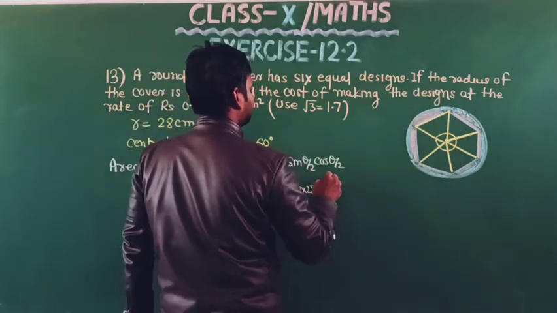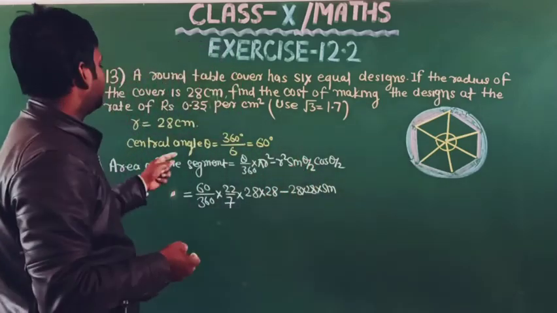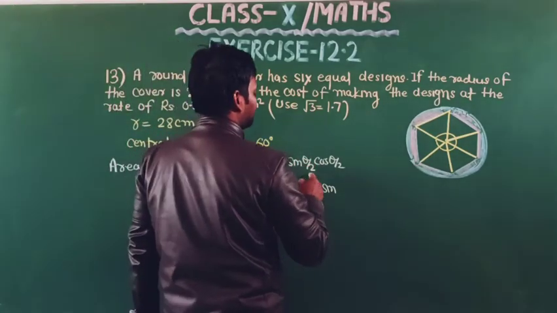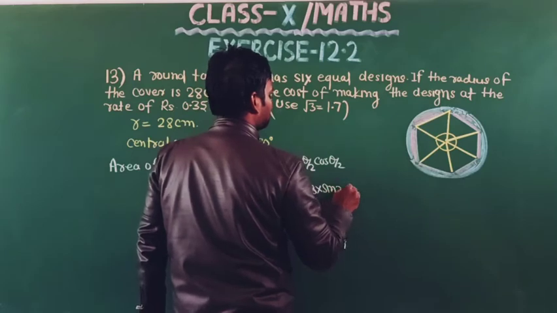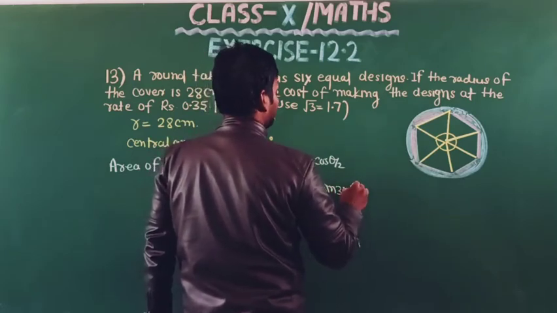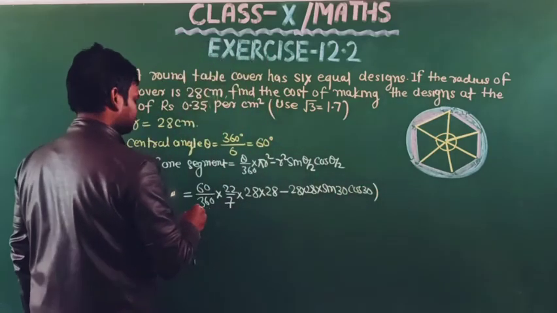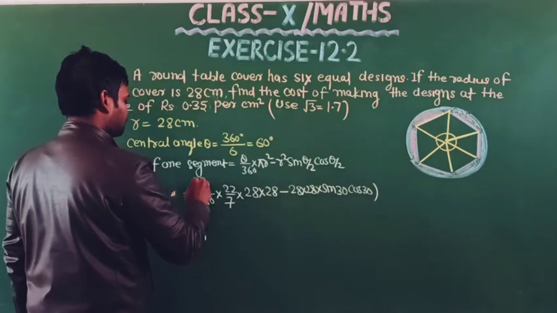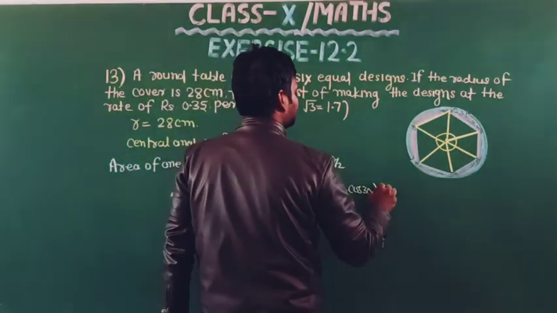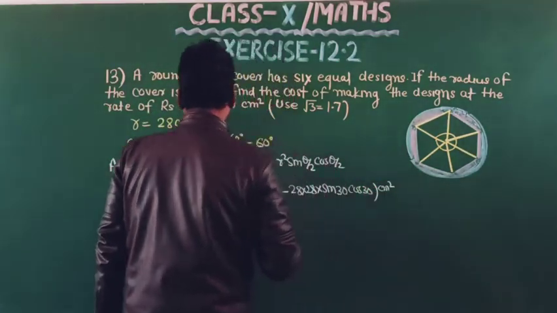The value of theta is 60 degree, 60 divided by 2, so this is sin 30 degree and cos 30 degree, centimeter square.